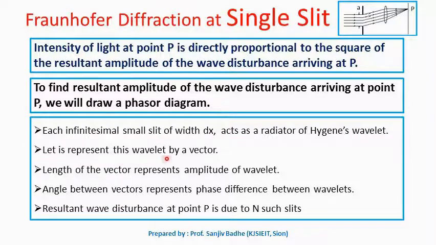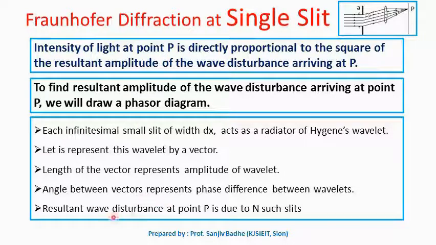We will represent each of these wavelets by a vector, and the length of the vector will represent the amplitude of the wavelet, and the angle between the two vectors will represent the phase difference between the two wavelets.